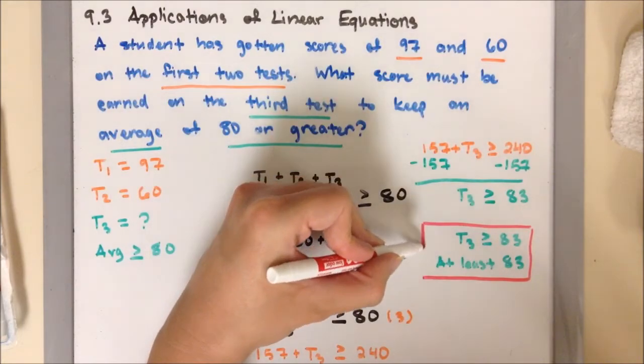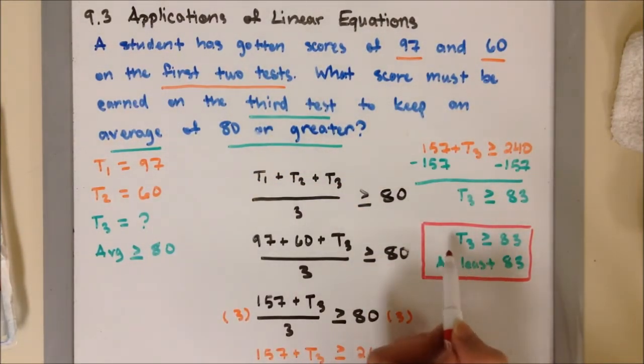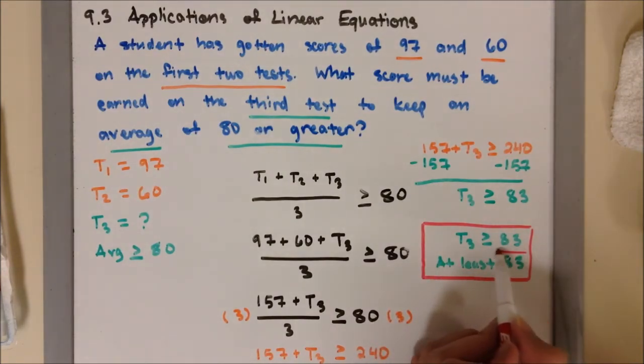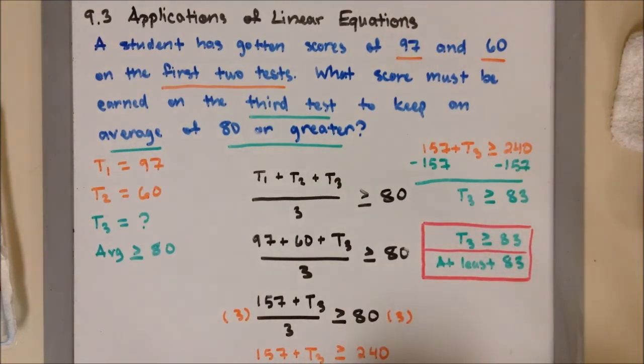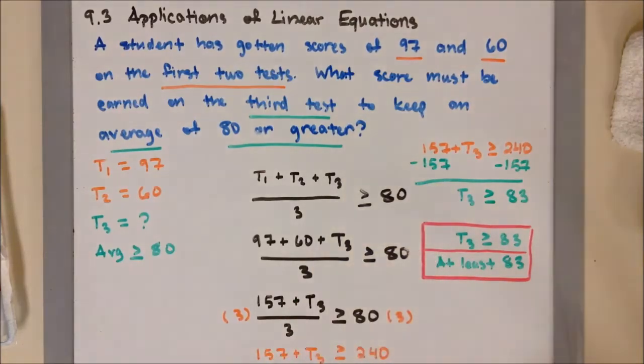Now, the top answer, T3 greater than or equal to 83, that's in inequality form. The answer at the bottom, that's translating to a word answer, at least 83. So there are two different answers. You don't have to give me both of them. You can either give me inequality form or the word form.